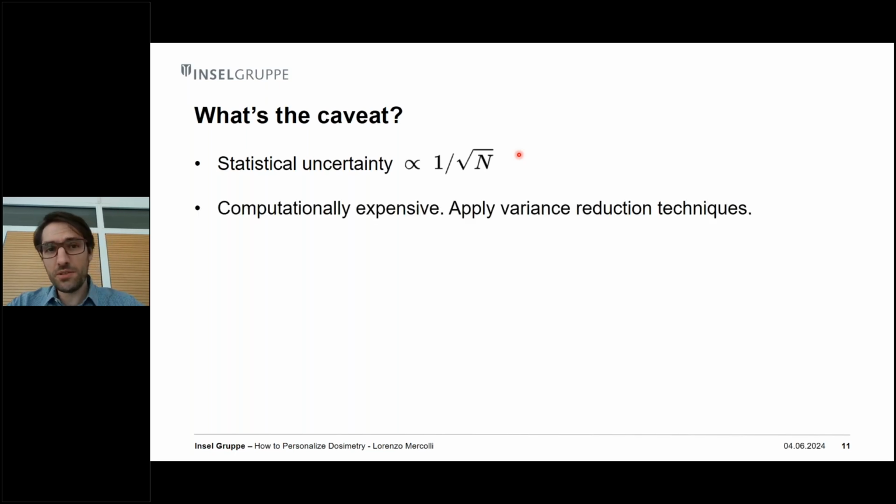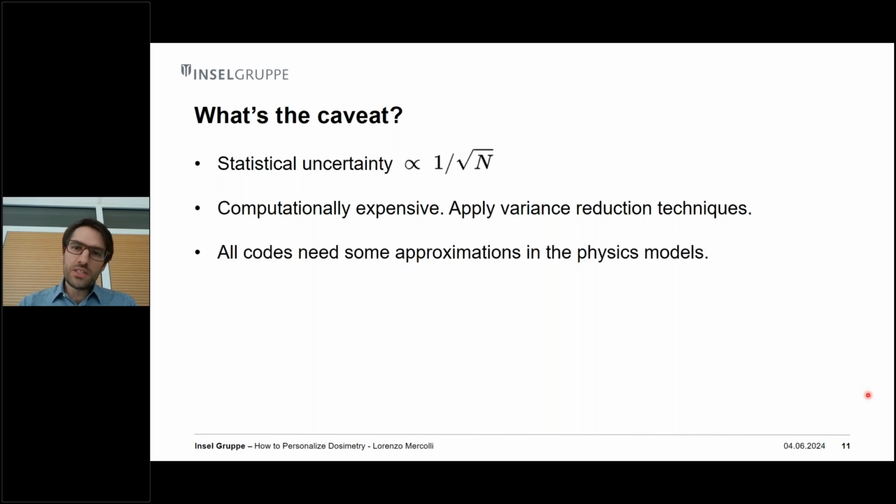And this makes these sort of simulations quite expensive in terms of computational time. And of course, people have come up with different techniques in order to sort of circumvent this 1 over square root n problem.